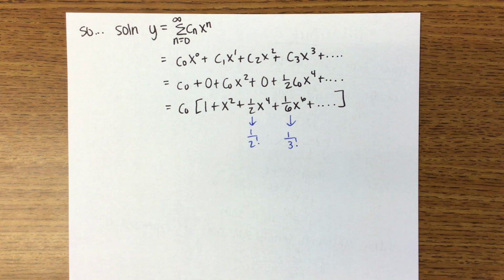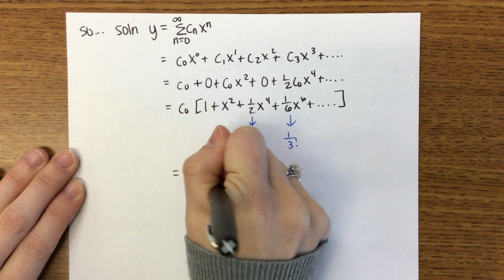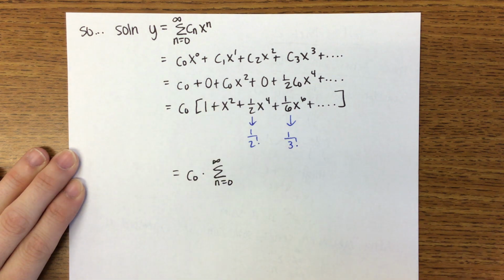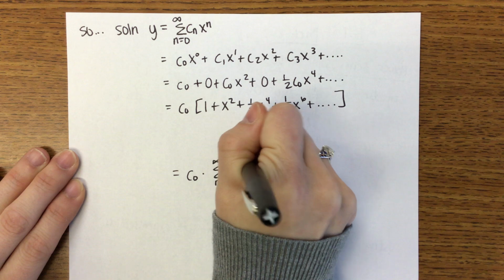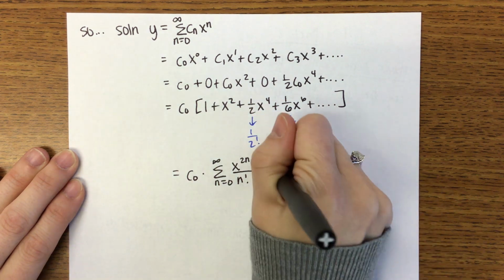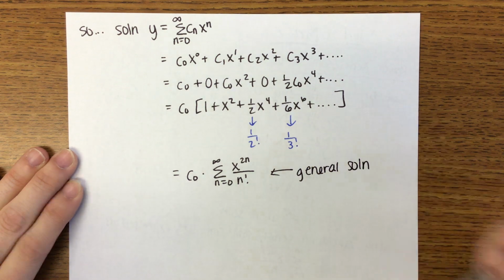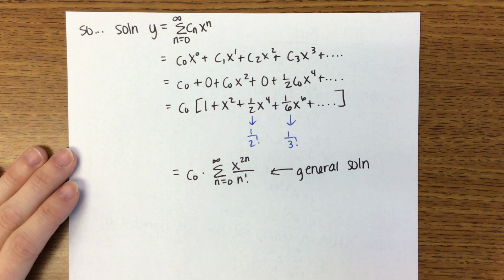The last one we got was 1/24. That was 1 over 4 factorial. So this is the summation from n equals 0 to infinity of x to the 2n over n factorial. This is our general solution. General solution is a power series.